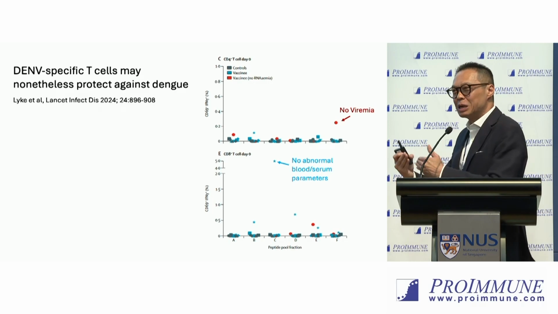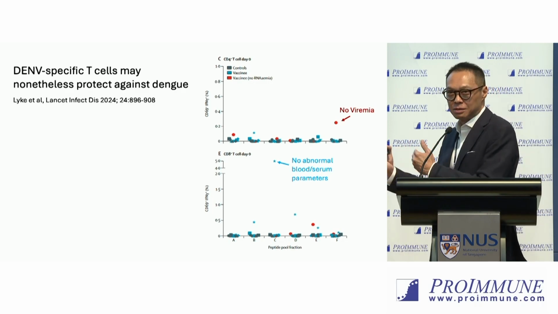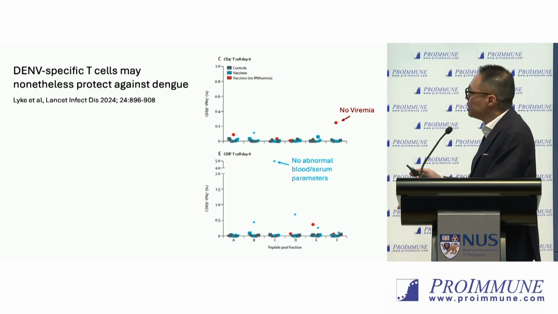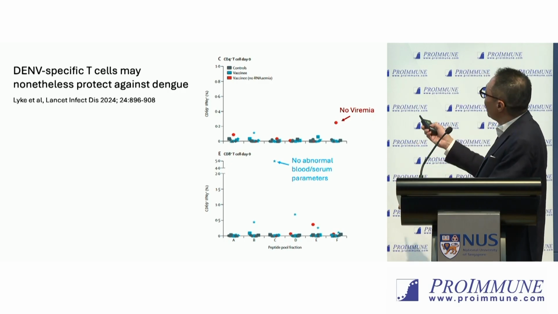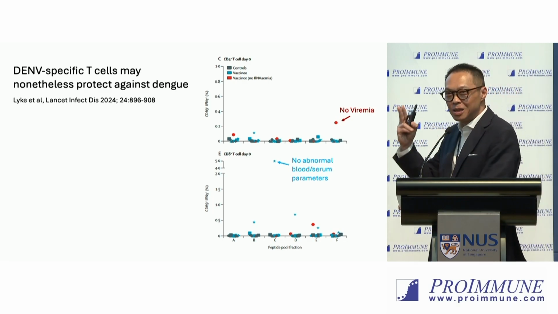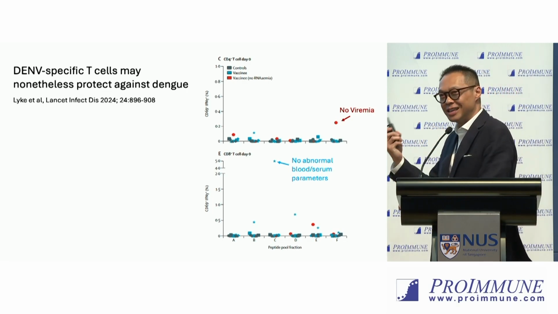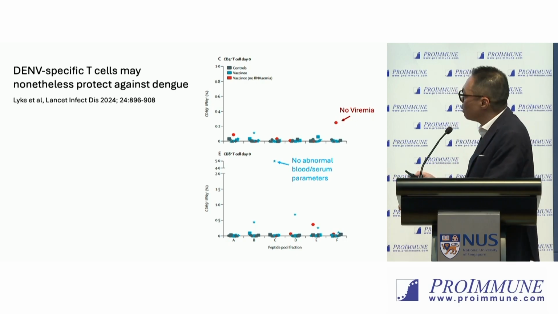So again, contradicting the notion that the antibody is critical for protection against dengue virus infection. In fact, I'll hasten to add that these two individuals were the two with the lowest neutralizing antibody titer, yet they had protection, whereas those with higher neutralizing antibody titers did not, right?